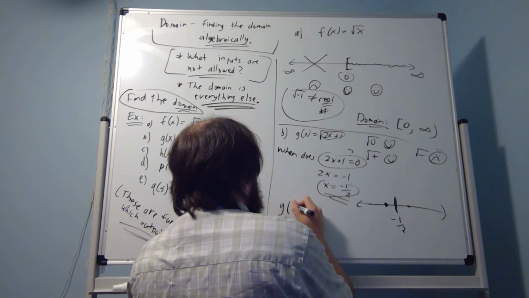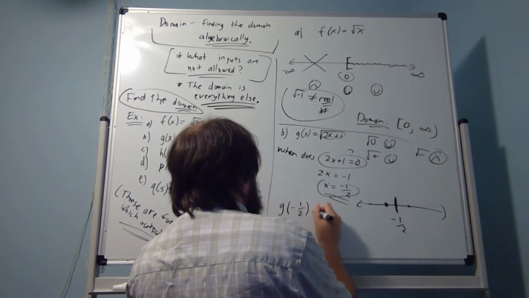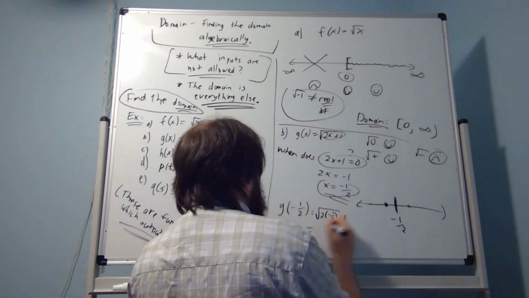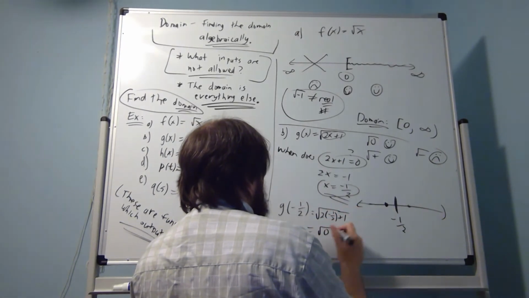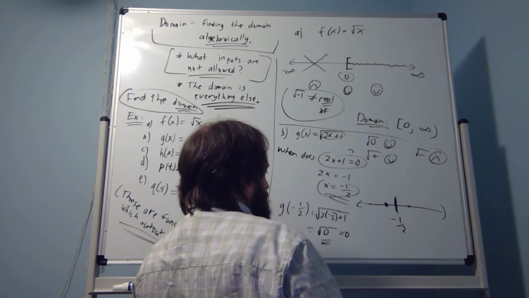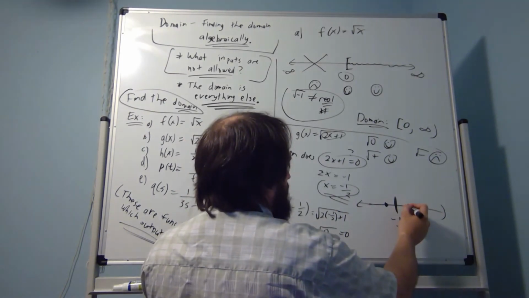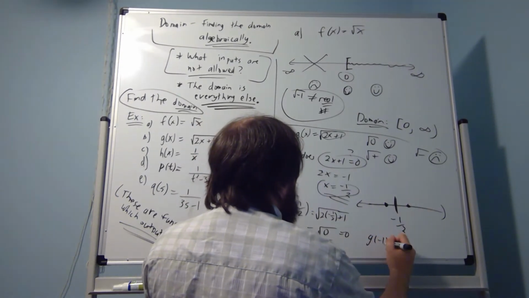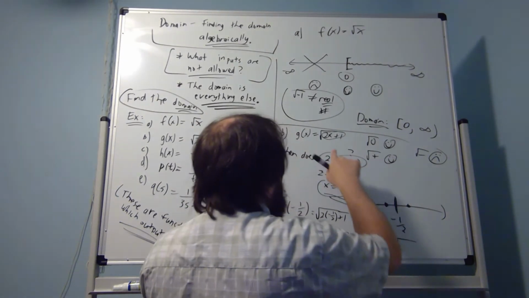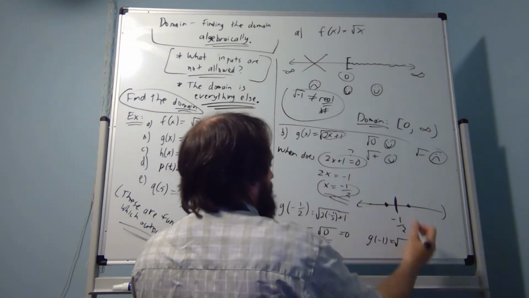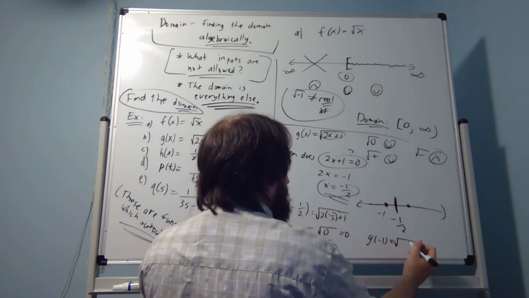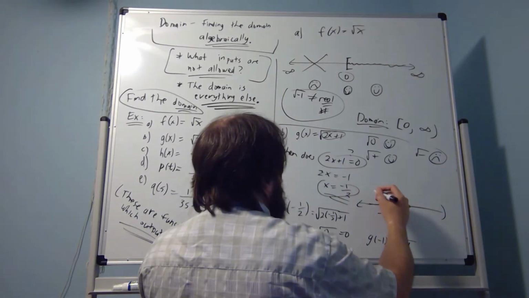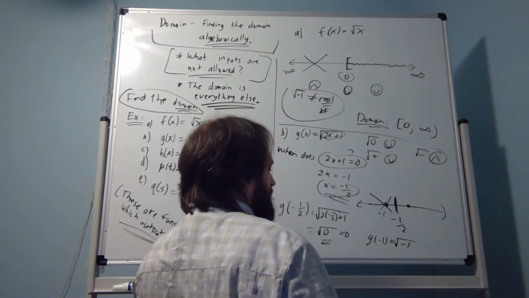So what happens is if we take g of -1/2, we get square root of 0, the whole point of this was we knew that was going to be really important. But then we plug in g of -1, which is equal to the square root of, so we have a -1 here, we end up getting square root of -1. So that's out of the picture.